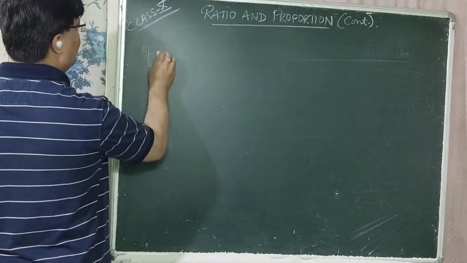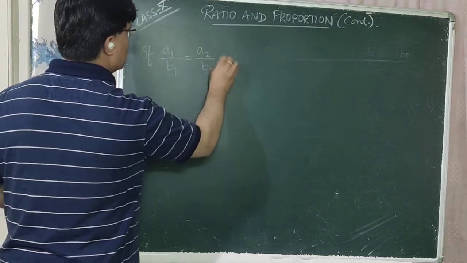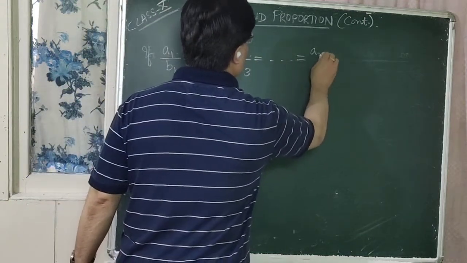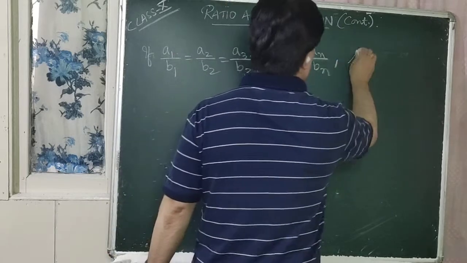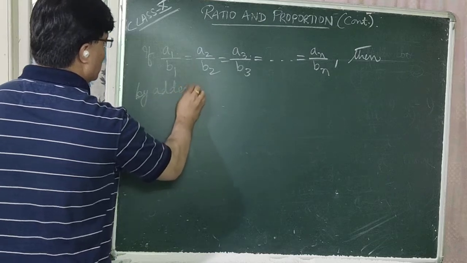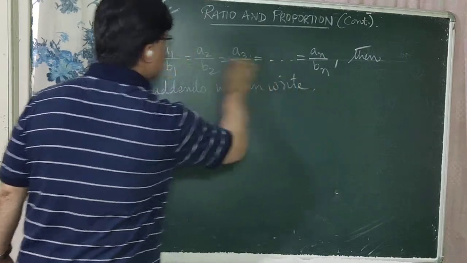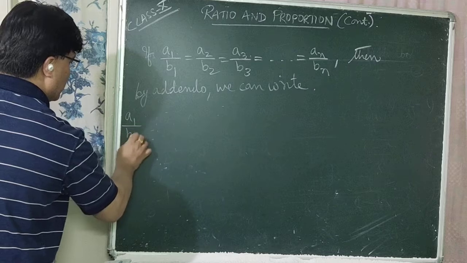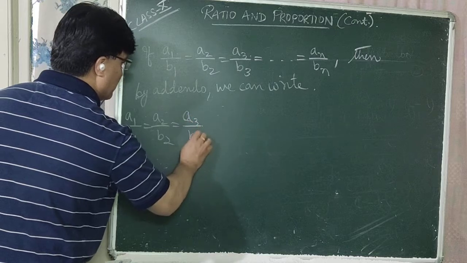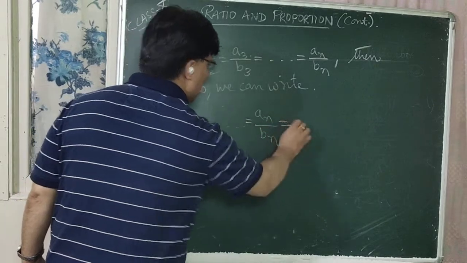If A1 by B1 is equal to A2 by B2 is equal to A3 by B3 is equal to and so on up to AN by BN, then by addendo we can write that its ratio, that means A1 upon B1 is equal to A2 upon B2 is equal to A3 upon B3 is equal to and so on up to AN upon BN is equal to.